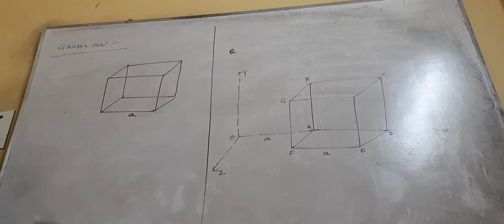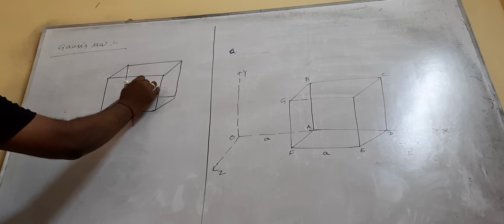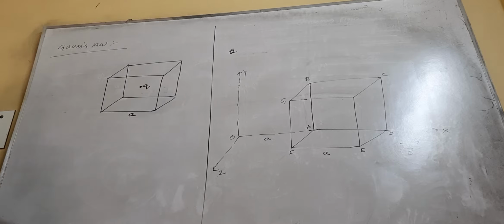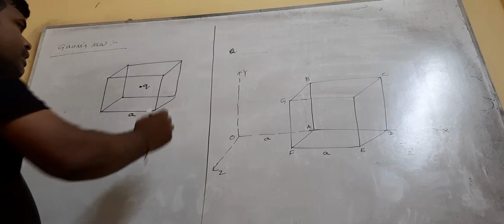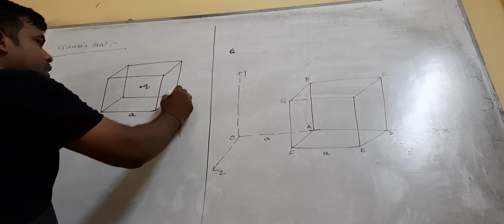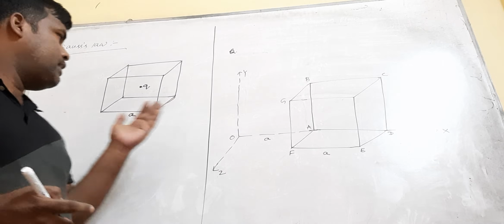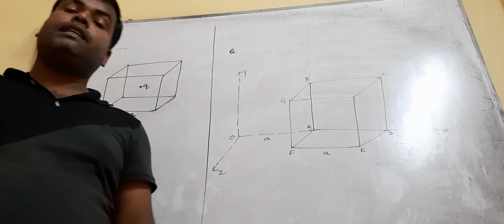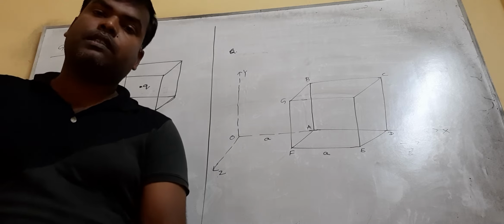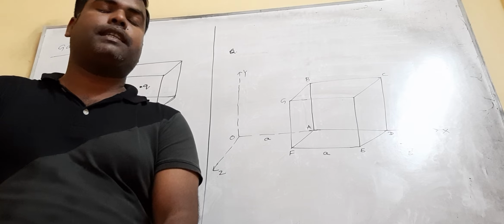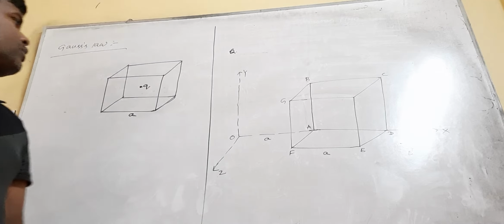If you place a charge q at the center of the cube, my question is, what is the net flux linking with this cube, and what is the electric flux linking with each face of the cube?